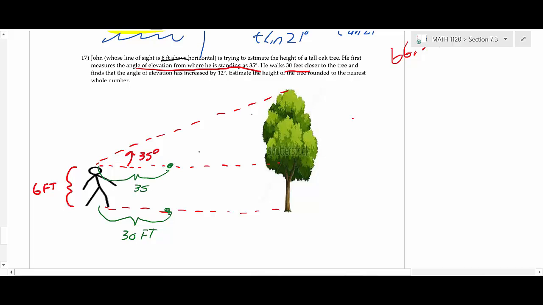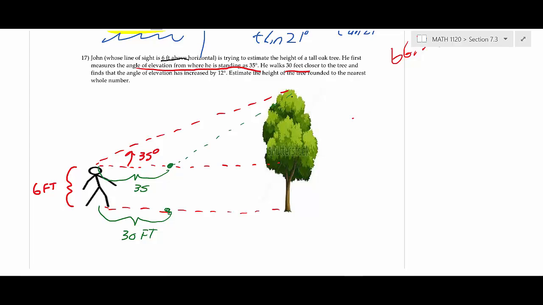Now the angle of elevation has increased by 12. So what would that mean? He's going closer to the tree, and that angle of elevation has increased by 12. So if that's 35, it's gone up by 12, so 35 plus 12 is what? 47. Okay, so we've got 47.